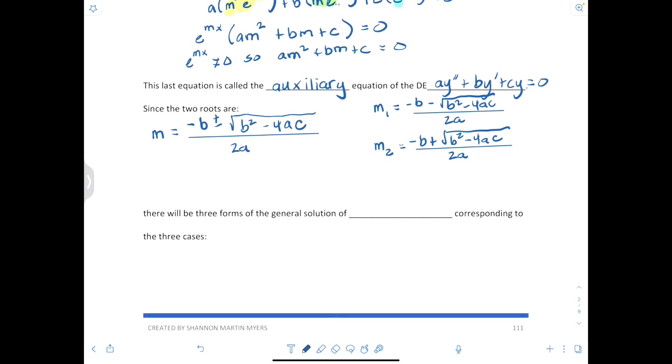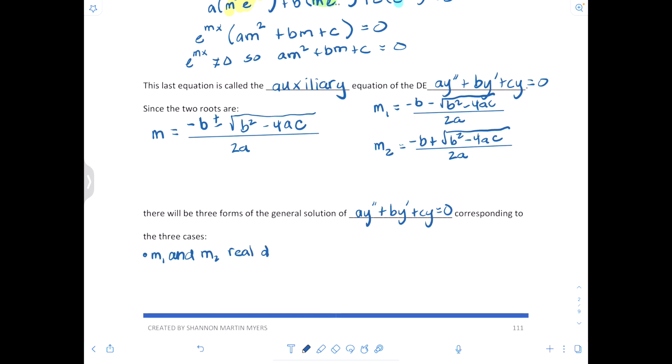Now, there's going to be three forms of the general solution for ay double prime plus by prime plus cy equal to 0 corresponding to the three cases. So what can happen? Good. m1 and m2 could be real and not equal to each other.